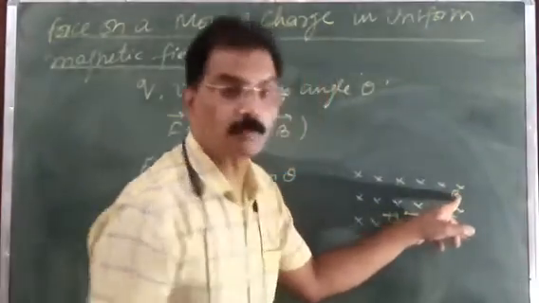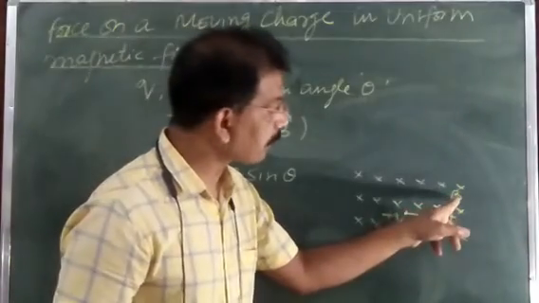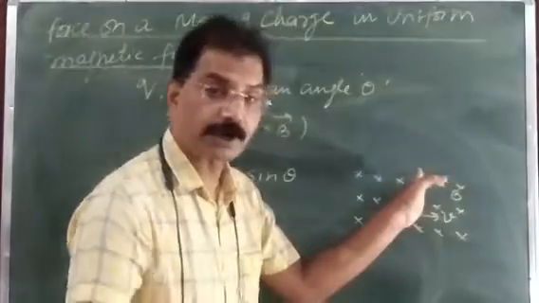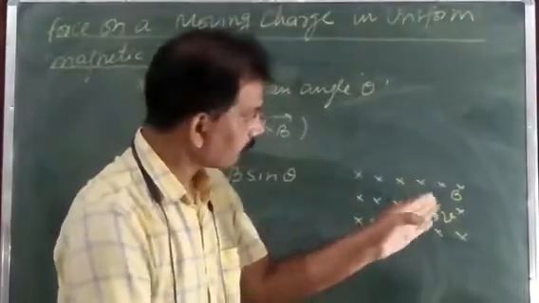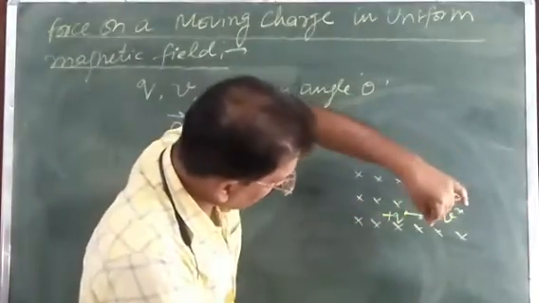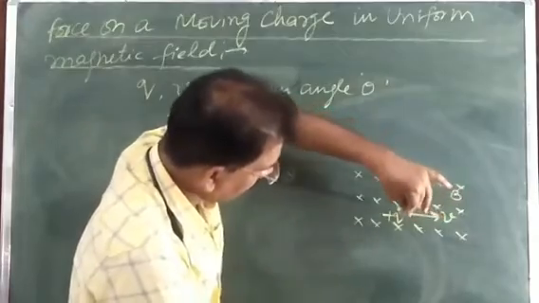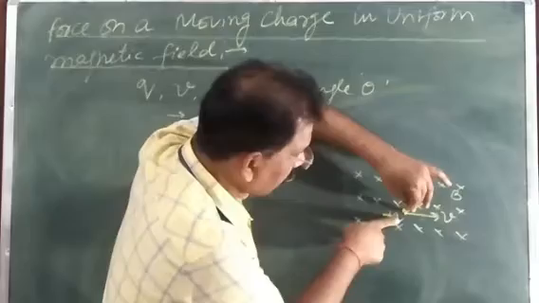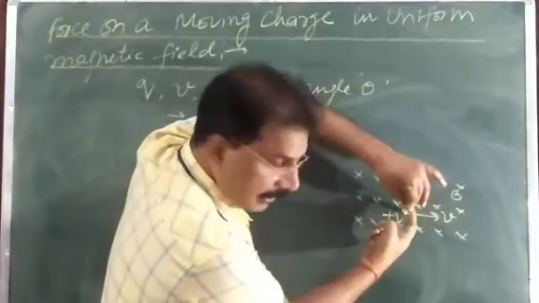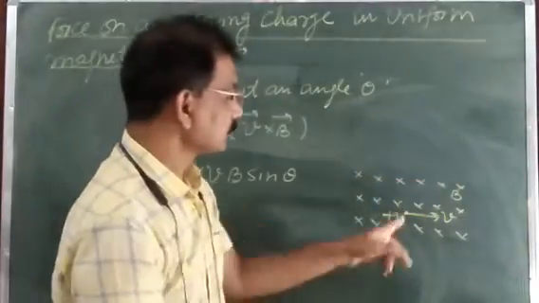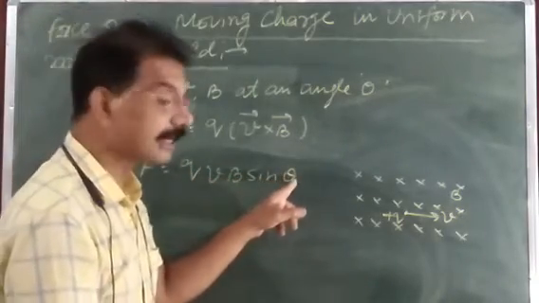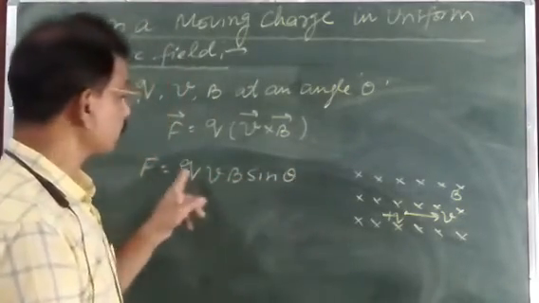Here B is perpendicular to the plane, directed inward. तो magnetic field is inward like this. ये magnetic field है. And this one is the velocity of this positive charge. Angle between them is 90 degrees. So how much force is experienced by it? qvB sin 90. It means the force is qvB.